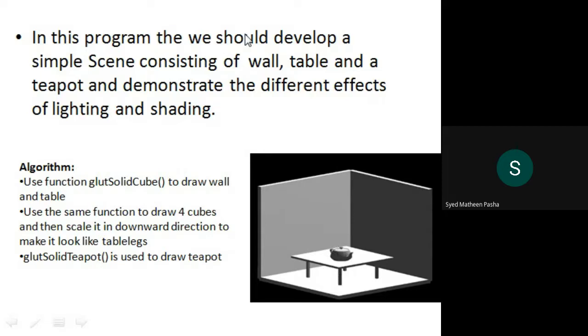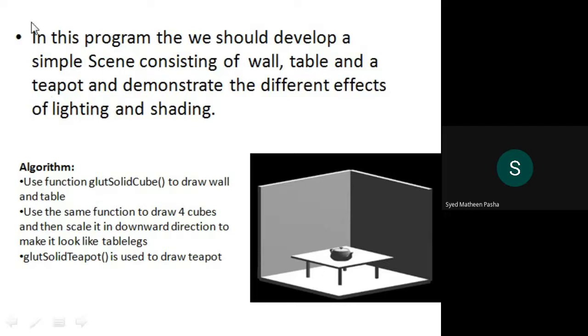In the program, what we have to do is develop a simple scene which consists of the wall. That is, this is the wall. We have to create this wall, then the table and a teapot. We have a function for the table, for the teapot, and for defining the wall, with respect to different functionalities.